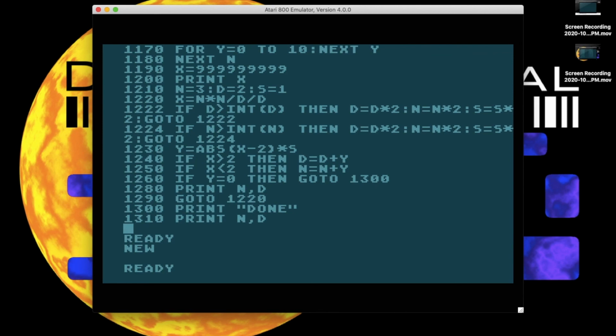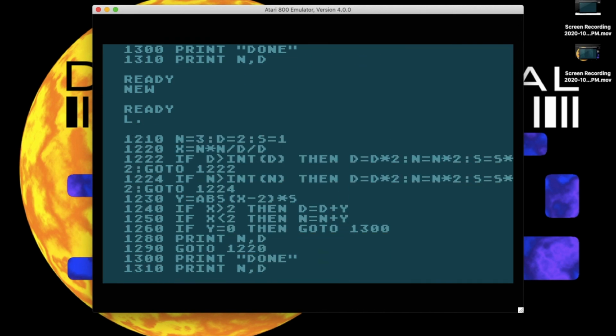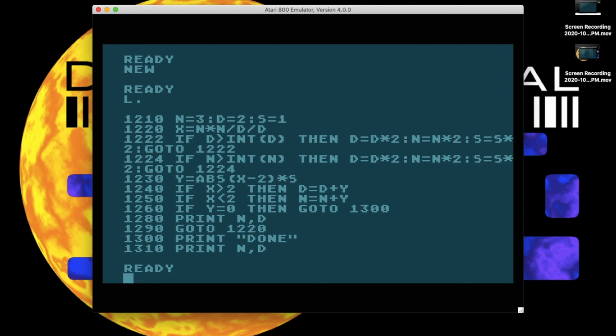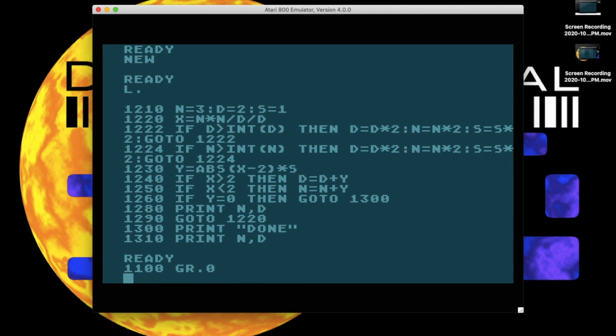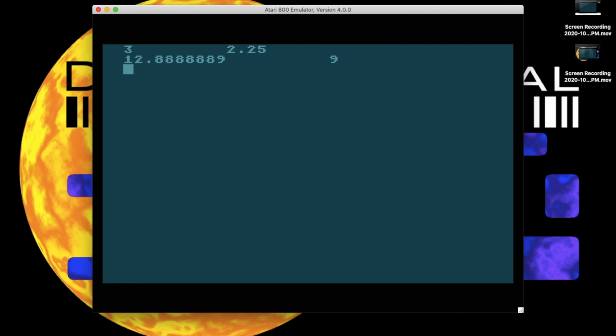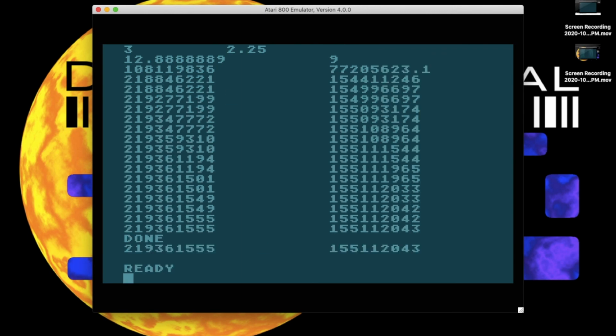And then let's list. Dinky little program. So at, let's try 1100, I'm going to go GR period 0. And let's run it, make sure it works. Looks like it works.